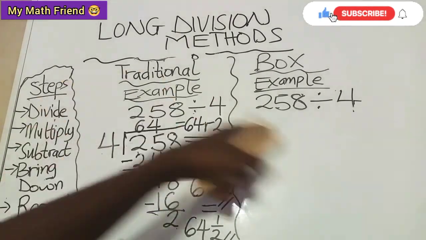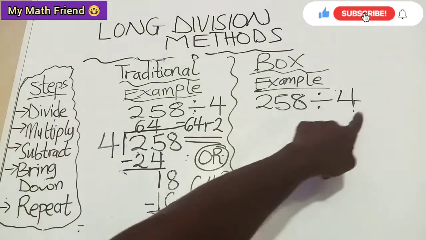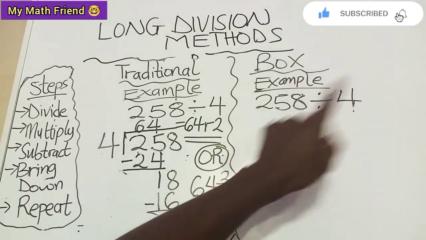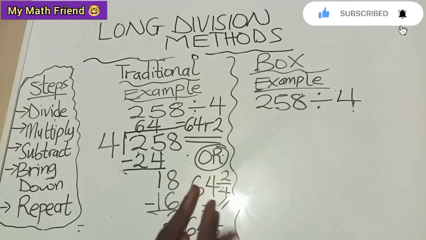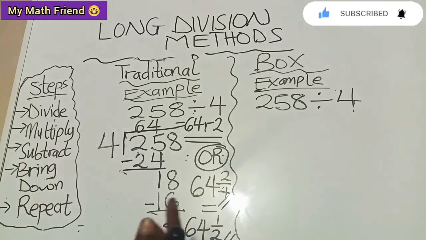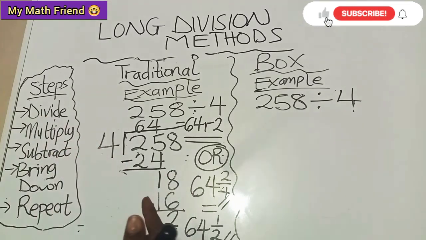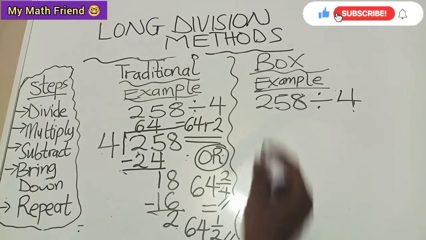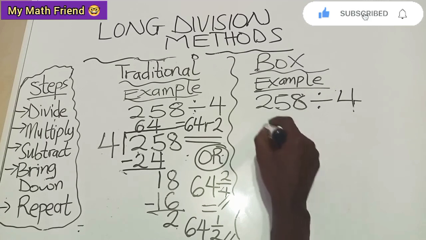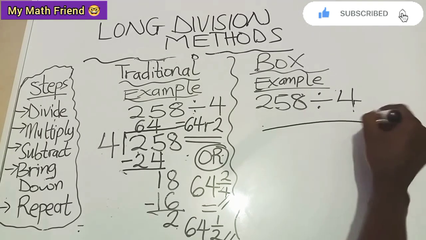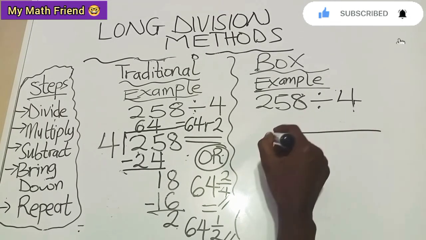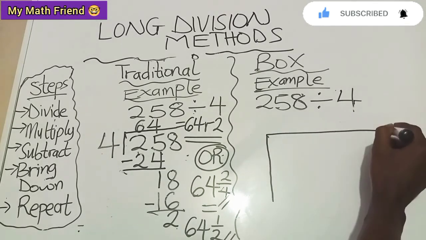Now we have two numbers, a 3-digit number and a 1-digit number. The 3-digit number is 258. The 1 digit is 4. So you're going to draw a box depending on the 3-digit number, the larger number. The 3 digits, so you're going to draw a box, right? Leave some space on top.